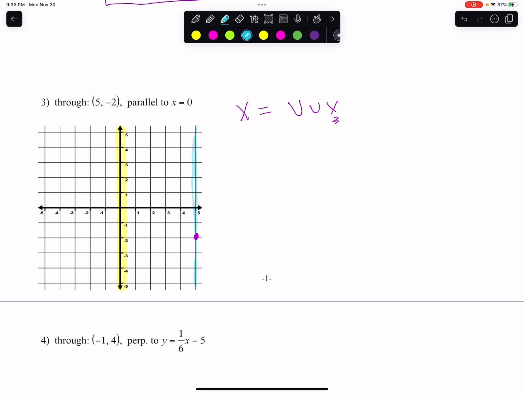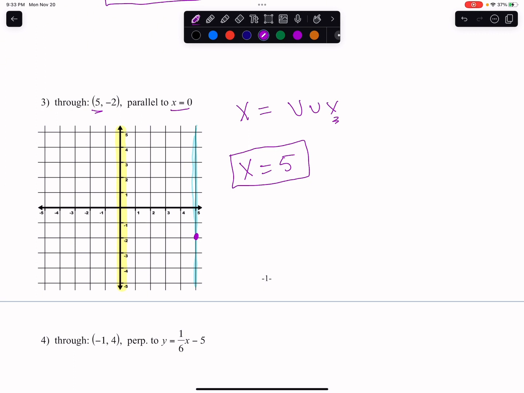What's the equation of that line? x equals 5. So if it's parallel to x equals something, it's just that x number. On these, you might want to draw those out, okay?